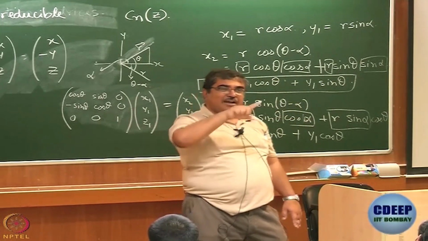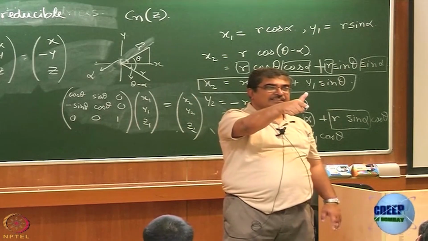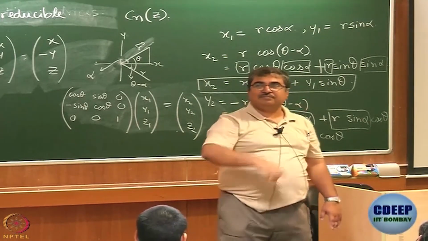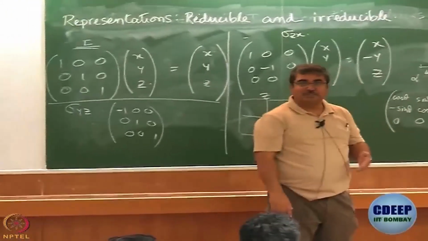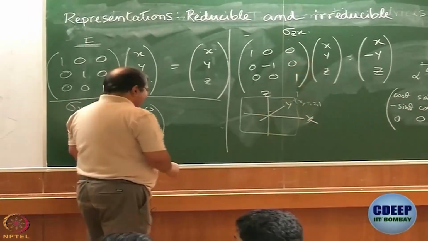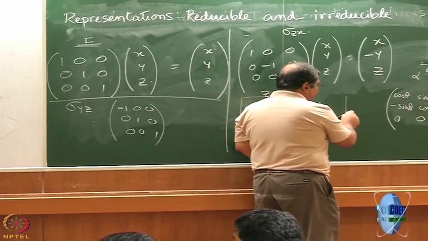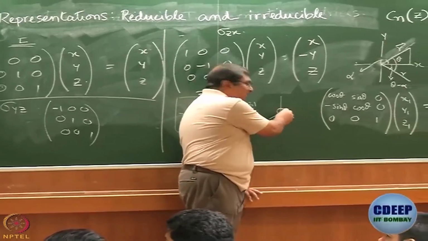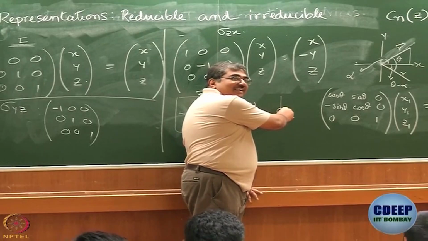Now, I want to make one more point that you know already, about the C3 axis. Better draw on the board. I am talking about the C3 axis. Where is the C3 axis? Here. This is the C3 axis, right?